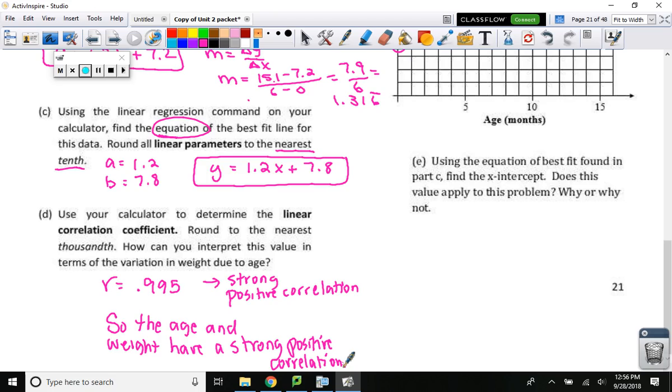Using the equation of best fit found in part C, so y equals 1.2x plus 7.8. We're using that. Find the x-intercept. And we said if we're finding an x-intercept, we want to know where y is equal to 0. So that would be negative 7.8 equals 1.2x.